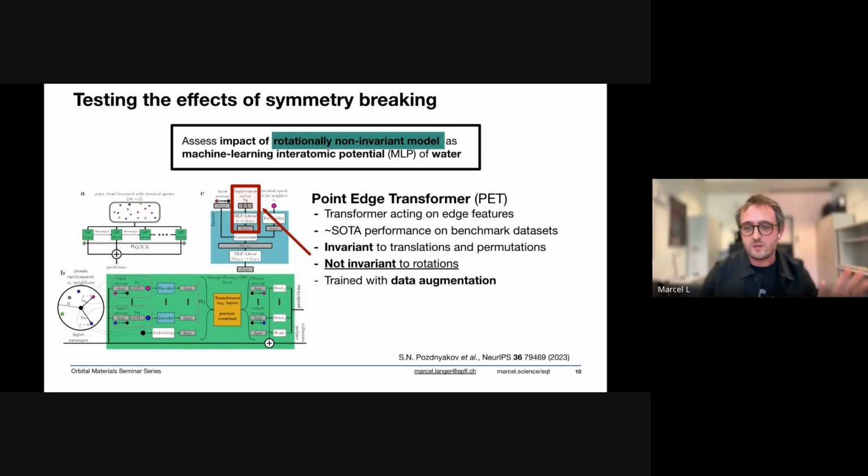It is just an array of numbers that has no particularly well-defined rotational transformation. It's just numbers. So this transformer is no longer rotationally invariant. By construction, however, it's still invariant to permutation and translation. So we really focus on rotations today. So this is our model.